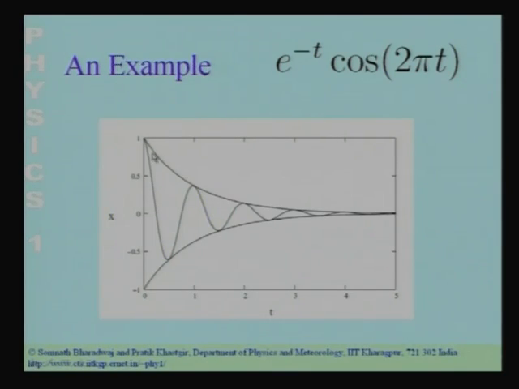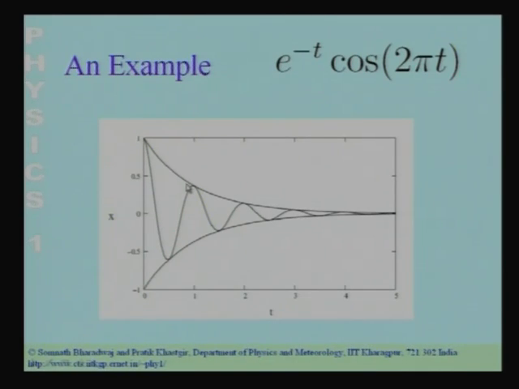So, you have to take the ratio of the amplitude here divided by the amplitude after one time period, which is the amplitude here. So, this is very useful. If you are observing an oscillation, you have to record the amplitude and then record it again after one time period, and find the ratio of these two. In this case, as you can see from here, the amplitude falls as e to the power minus t.